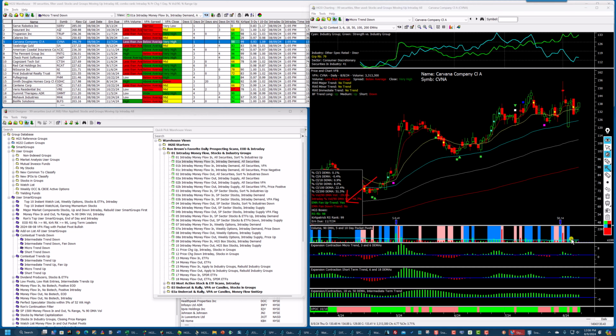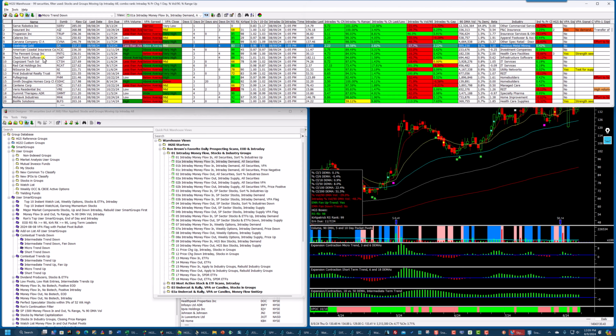You can see the fan's up. This is a pullback day. The 6 was above the 18, and the 18 was above the 50. Negative epoch, but positive today intraday. So this is a lower risk entry point because the stock is moving up after a slight pullback.